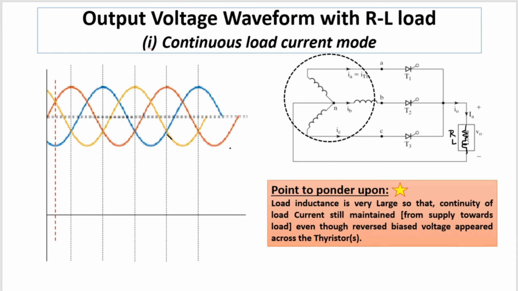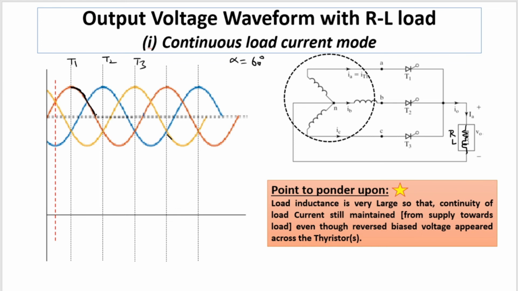So we'll consider that case, and simply try to find out what is the main difference between the R and RL load. So at alpha equal to 60, when we trigger thyristor T1, and after that T2, and after that T3, all the rules remain the same, that is all the thyristors will conduct for a duration of 120 degrees each. So when T1 is triggered, what happens? Current will flow, the supply connected to the load, that is the RL load, but at this instant of 0, although thyristor T2 is not triggered, what happens?